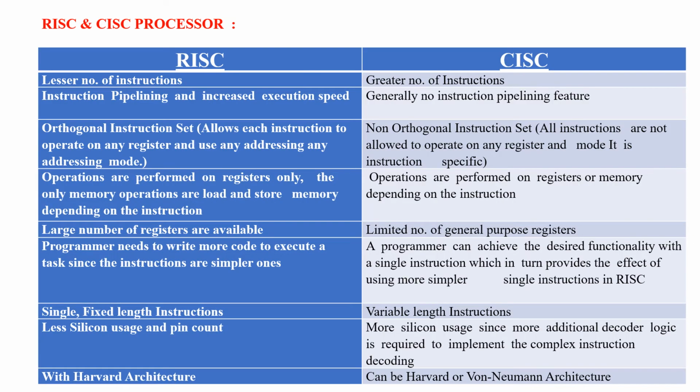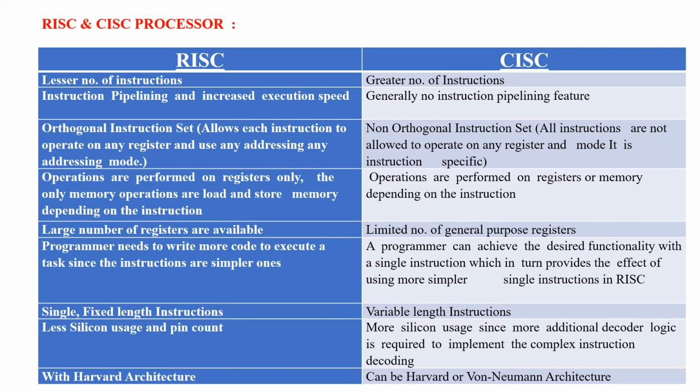Let's see the difference between the RISC and CISC processor. RISC means reduced instruction set computer, and CISC is called a complex instruction set computer. RISC has a limited set of instructions, as well as it supports fewer addressing modes. Hence, the program size of RISC processor is large because many instructions are required to write the code.